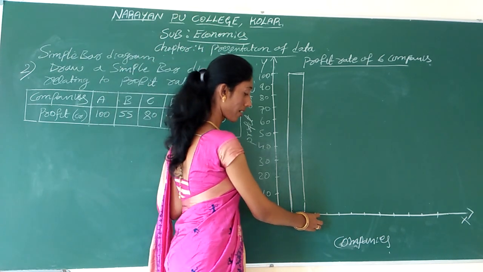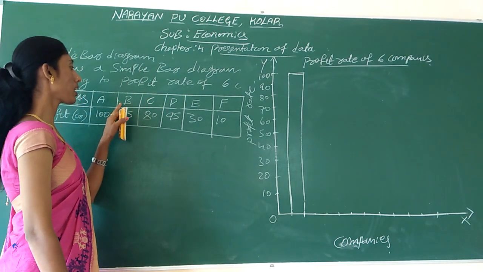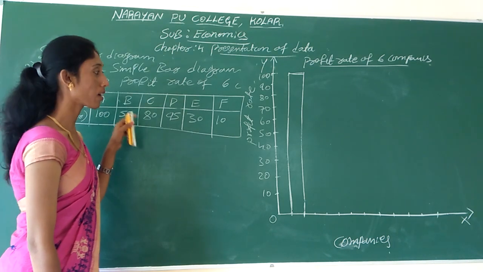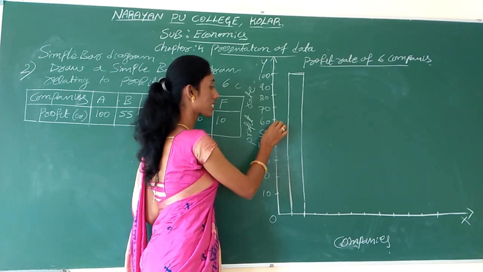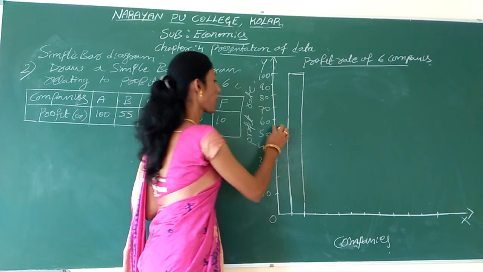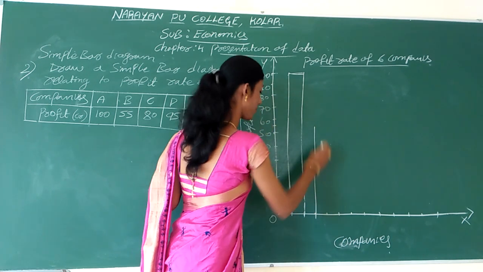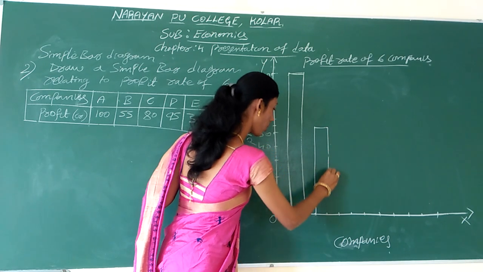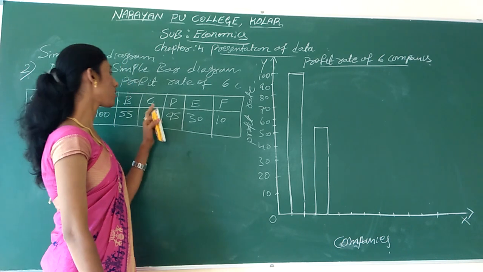After this bar, take one point gap and come to the next company, company B. What is the profit rate of company B? 55. Where does 55 arise? Here, between 50 and 60, the central point represents 55, right? Then take a gap here and draw it now. Take a rectangle shape and add one more point. You got a second rectangle.